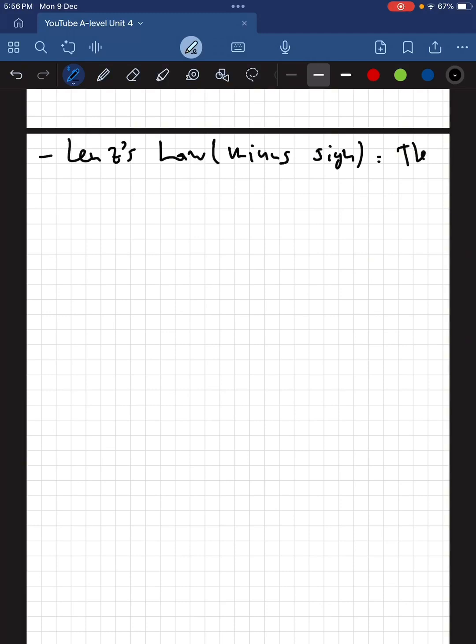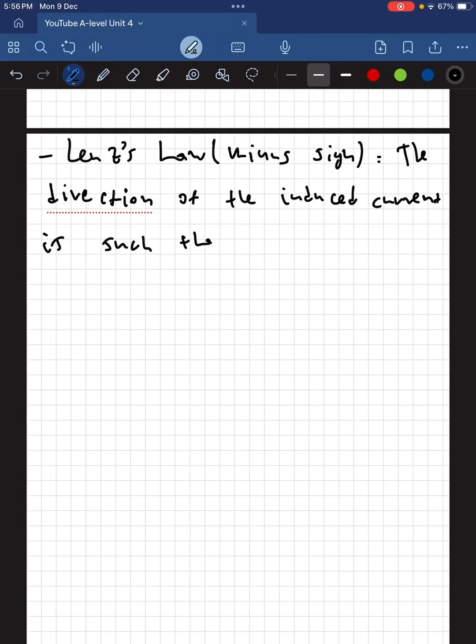Lenz's law tells us that the direction of the induced current is such that it opposes the change that created it. So let me show you an example.